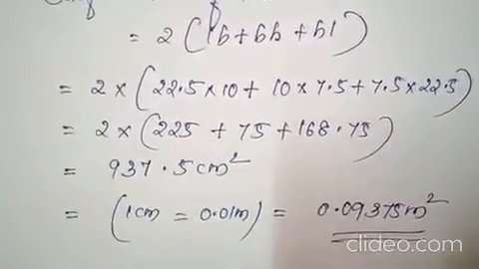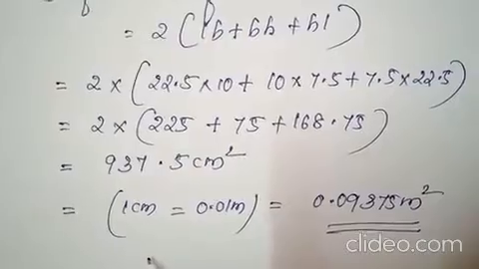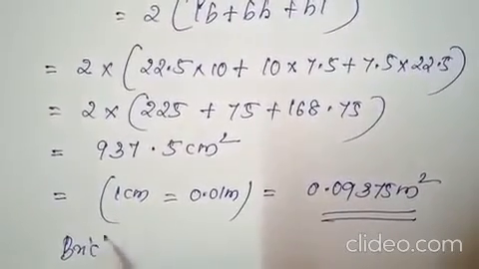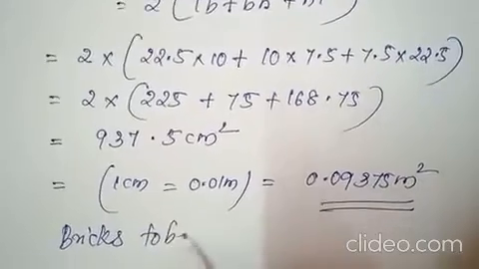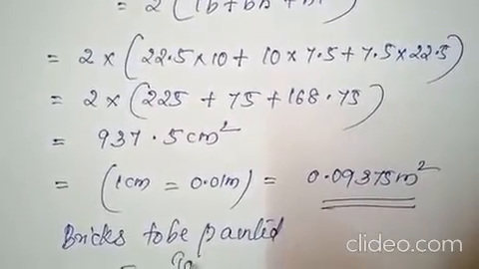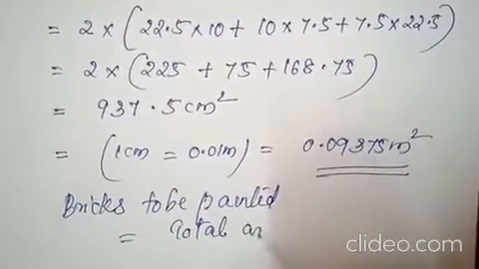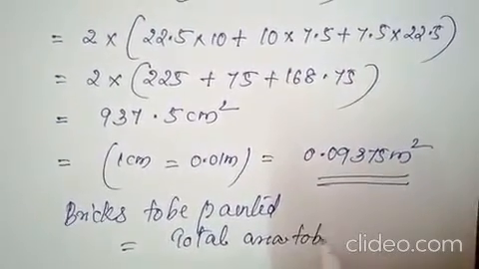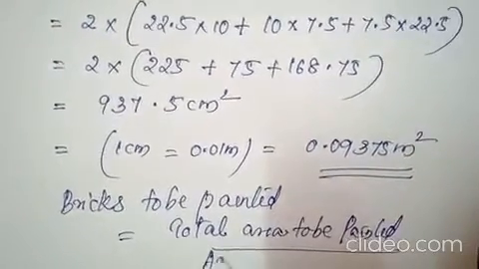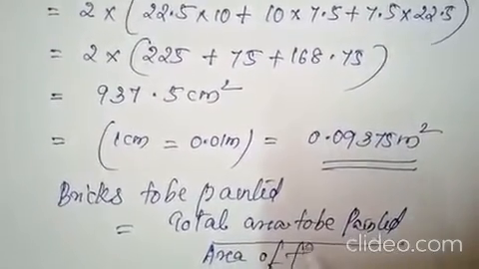So we have to find now the bricks to be painted. So how to find bricks to be painted? Total area to be painted divided by area of the brick. Got it?